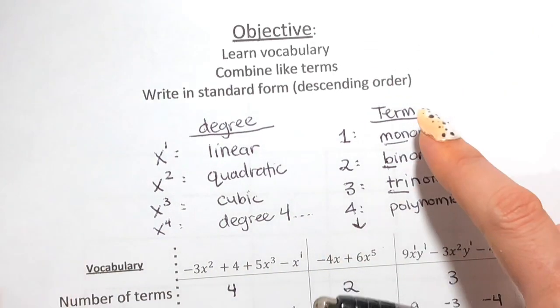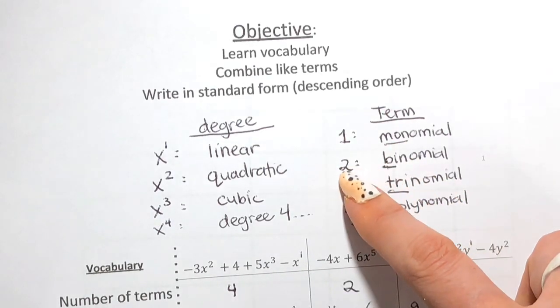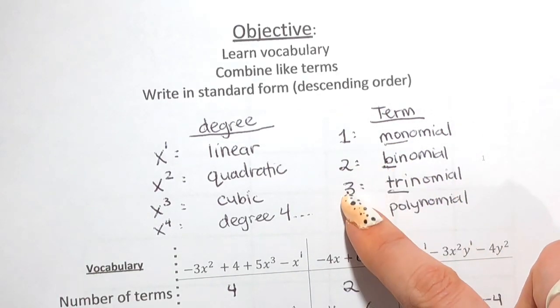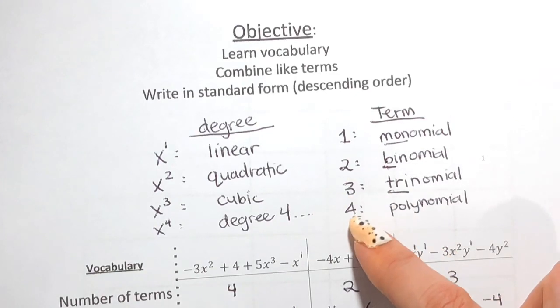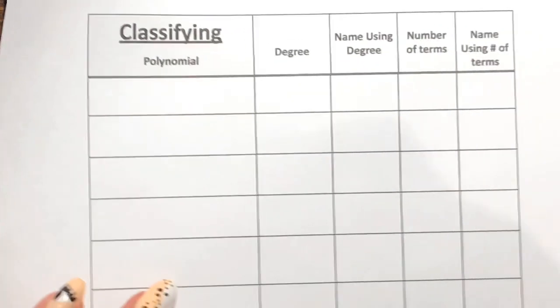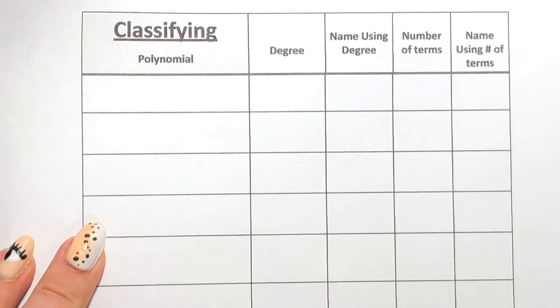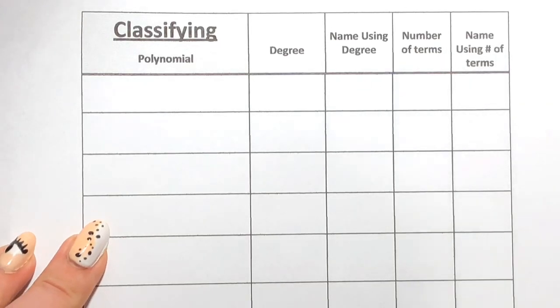And then for terms, if it's 1 term we call it a monomial, 2 terms is a binomial, 3 is trinomial, and then 4 or bigger we just call a polynomial. So I'm going to write some in this little box here, this little table, and then we're just going to classify it by the degrees and the terms.